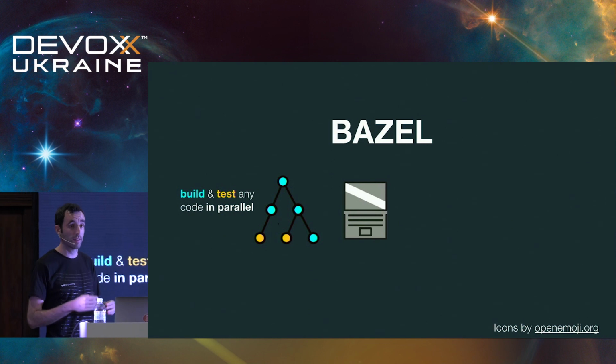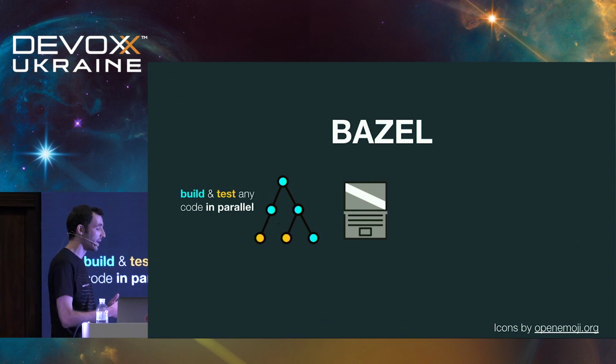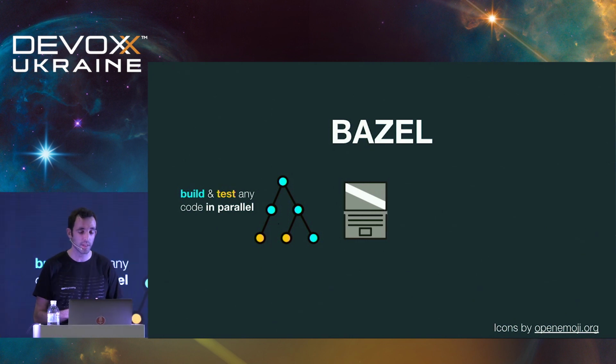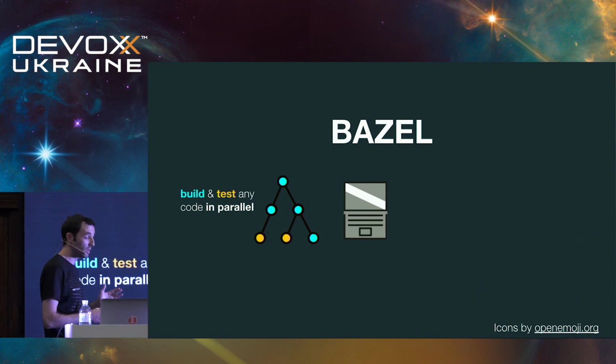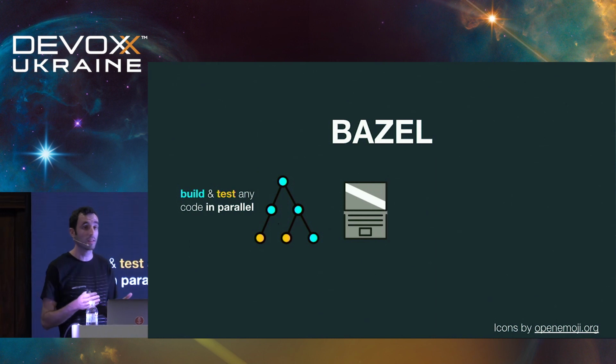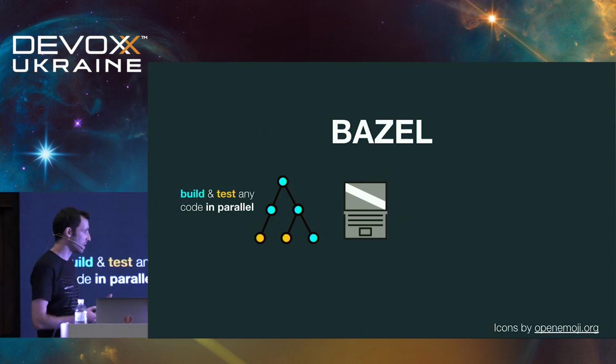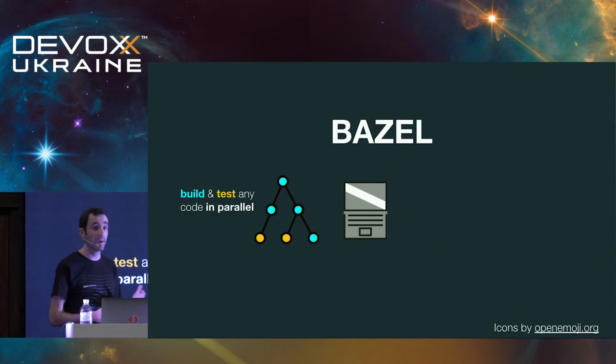So let me briefly tell you a little bit about the Bazel build system before I get into how you do the migration successfully. Bazel allows you to build and test any kind of code. It's a generic build platform, and it has a high degree of parallelism.